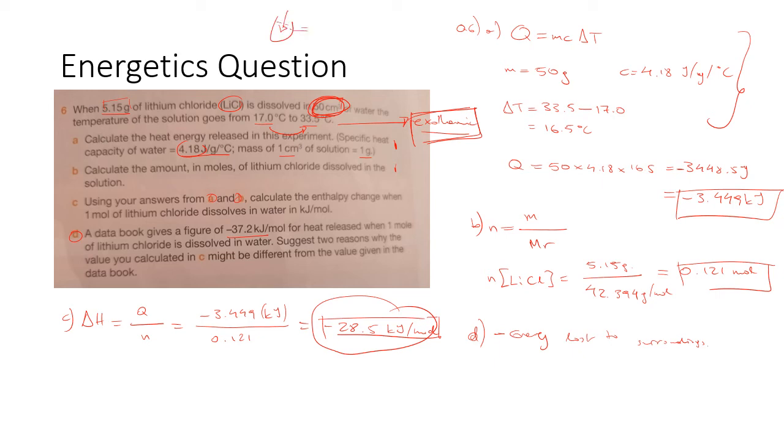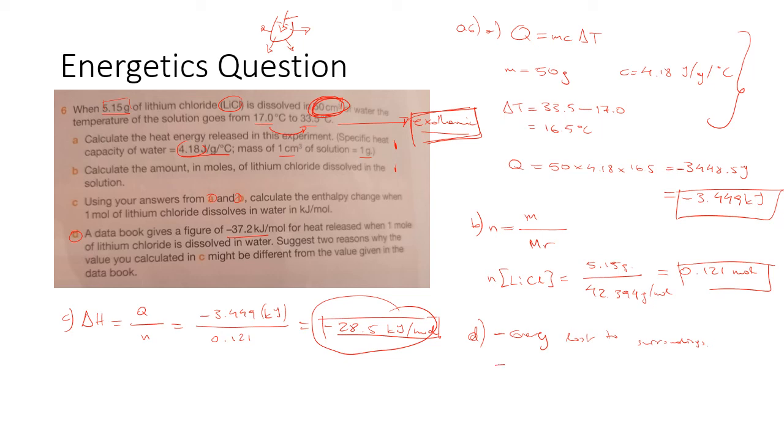Some energy will be lost to the surroundings quickly and we will not be able to record this change in temperature using the thermometer. So that seems logical: if a smaller change was noted, then the final result will also be smaller than it actually is.